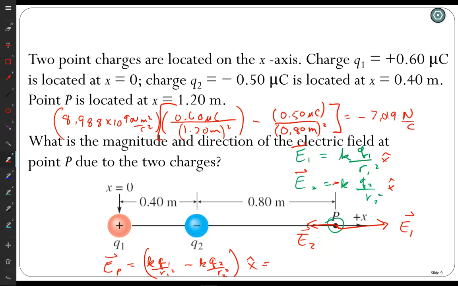Now, I'm going to add on to this problem: where's the electric field equal to 0? How would you go about that? I think that's right.